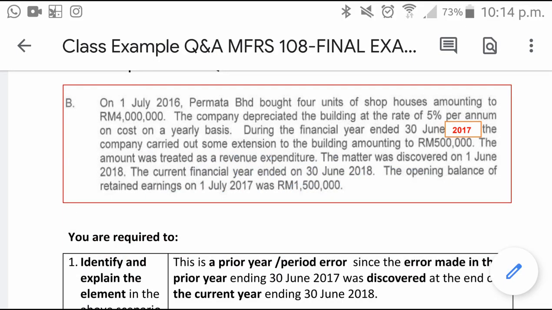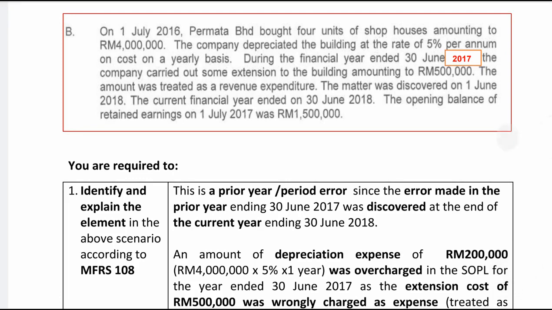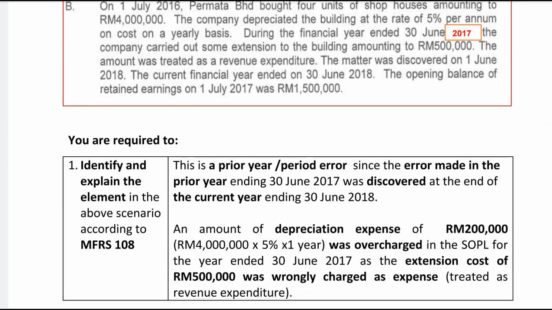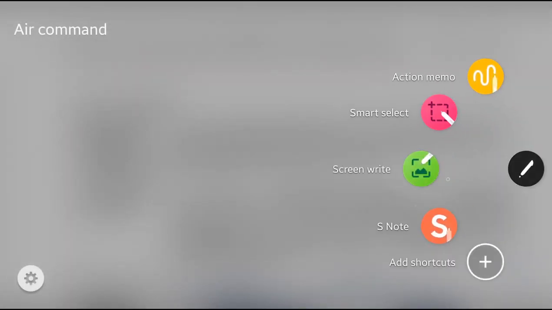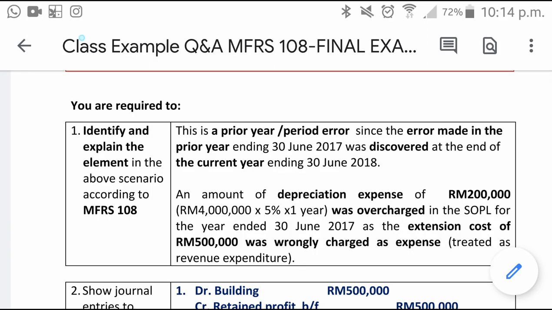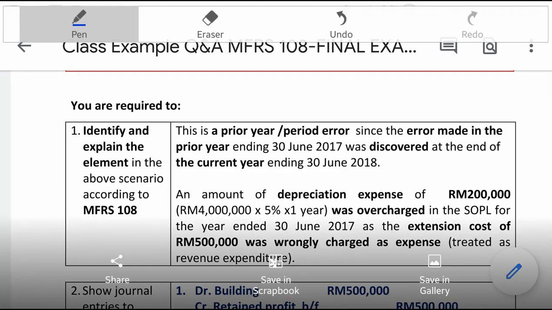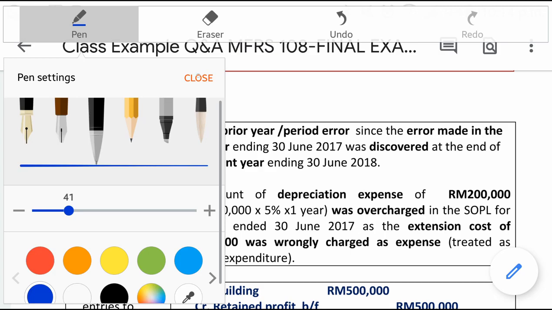So let's look at what is required. The first part of the question, I'm trying to show you what happened.